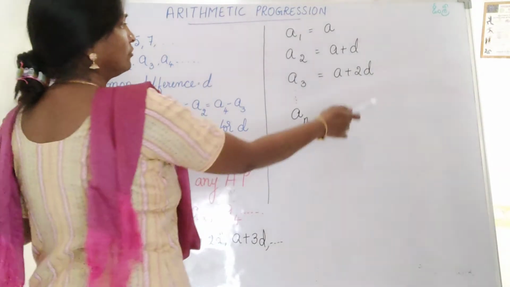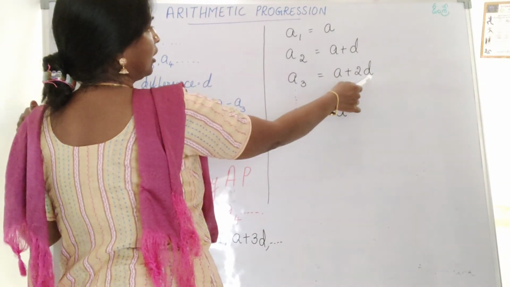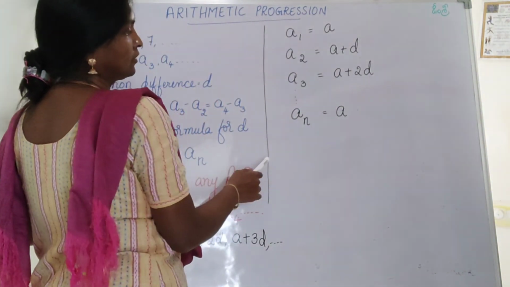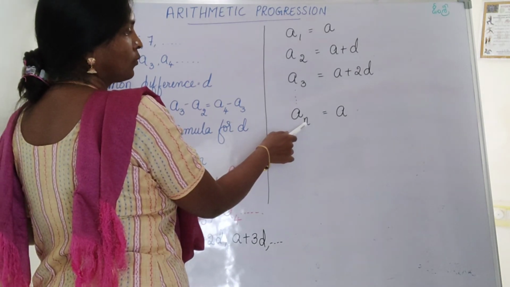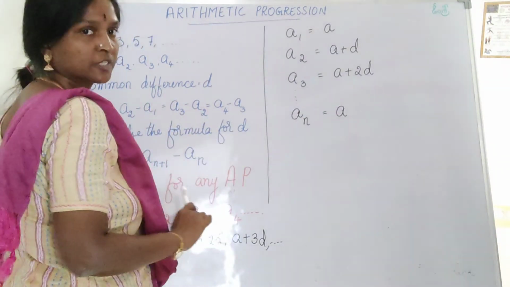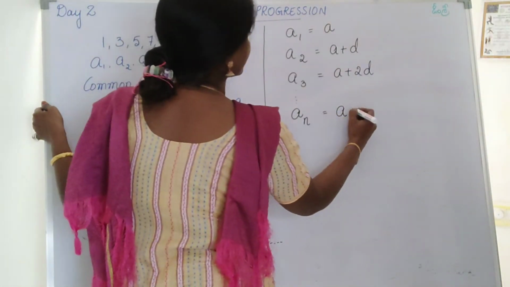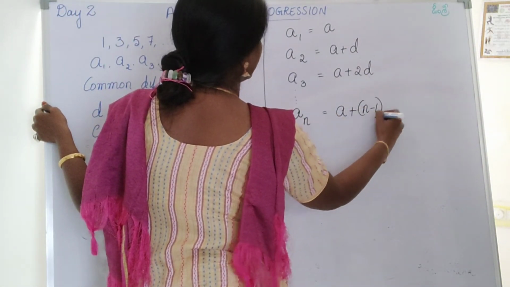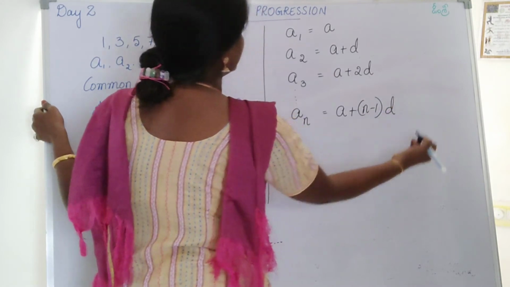So for the coefficient of d, how do you write it when n is there? It will be 1 less than the subscript of a. That is, we write the coefficient of d as n minus 1 into d.